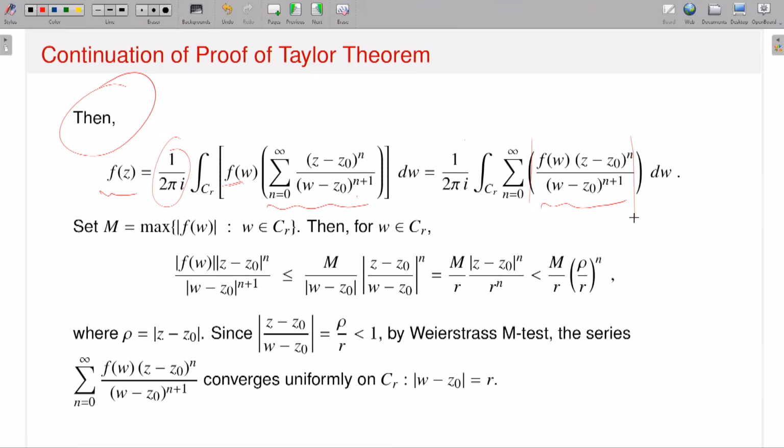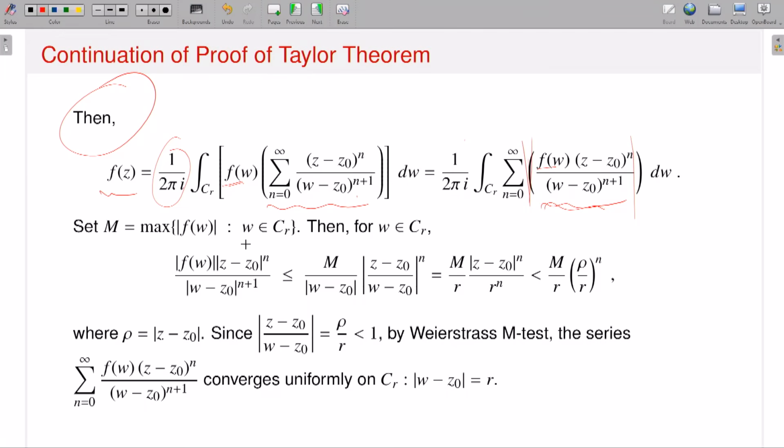So therefore I can interchange. That's the target. To estimate that, since the term involves f(w), z minus z naught to the power n and w minus z naught to the power n plus 1, for fixed w, I have to estimate this object and see whether uniform convergence is happening or not.